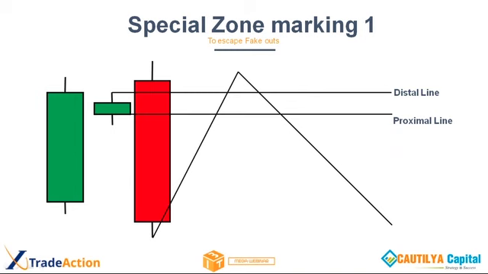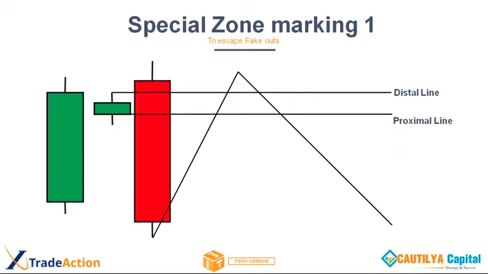There are two things. Number one, you are trying to mark a zone at the bottom and the top, the top reversal points. Here, the base did not form the top, whereas the top was formed by the drop candle, which is the bear momentum candle.